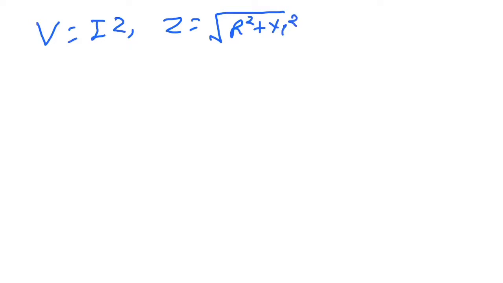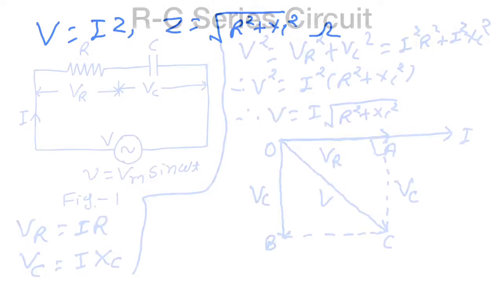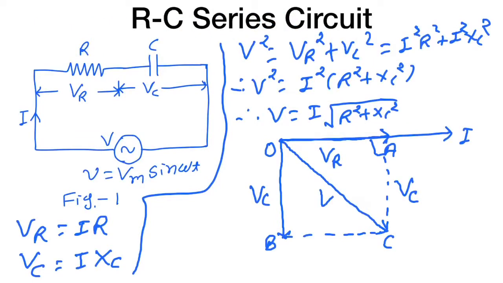Voltage V is equal to I into Z, where Z is equal to square root of R square plus Xc square, called the impedance of the circuit, and its unit is ohm. Now in the phasor diagram, let angle AOC be phi.